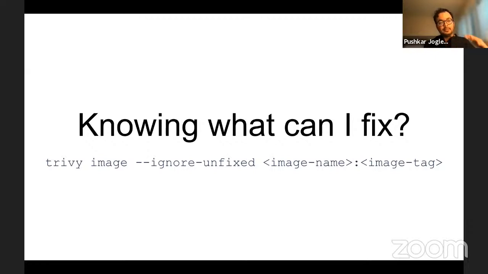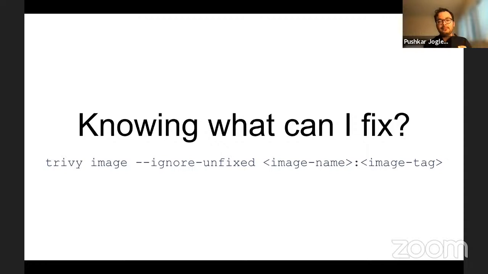What this does is it will run the same scan, but apply a filter to show which vulnerabilities actually have a fix available. Often these are very few in number compared to the first result you get. So once you get this, you know exactly what you can fix.